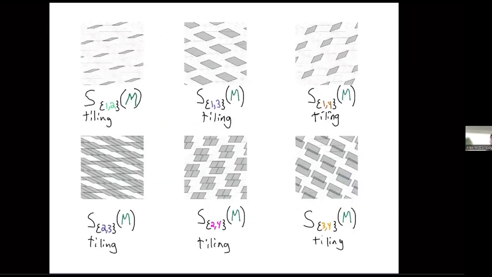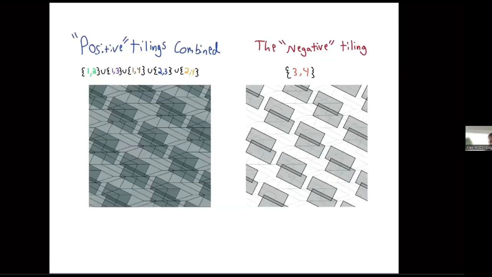And what you get is these 6 different tilings. The tiling you get from each of these first 5 doesn't have any overlaps, but the last one does have a little bit of overlap. But the really fascinating thing is if we take these first 5 tiles, which were all of the positive ones, and we overlap them, what we get is this tile on the left.